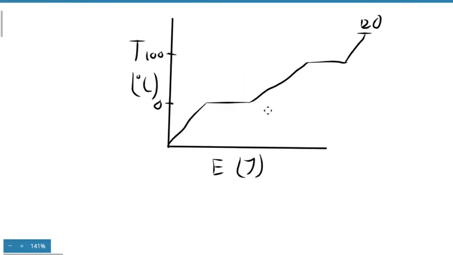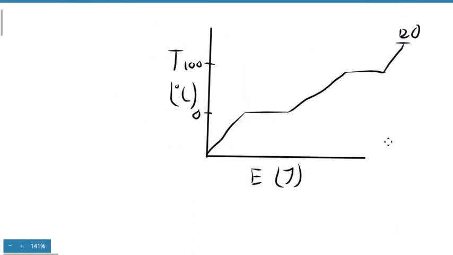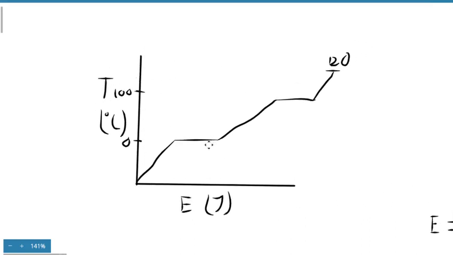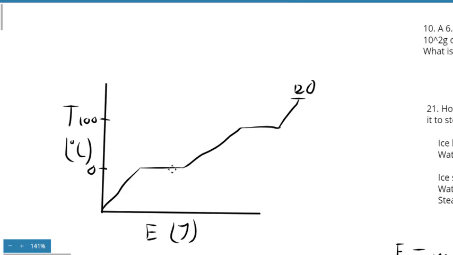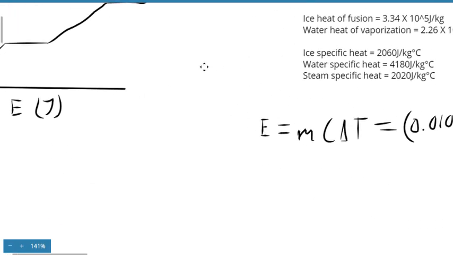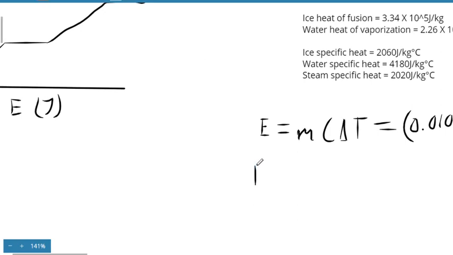So when you have a plateau, when it is changing states, the temperature is not going up, but the energy, in this case the potential energy, is going up. So to calculate how much energy we gain, we use the formula E equals mL, where L is the latent heat, or in this case the ice heat of fusion.